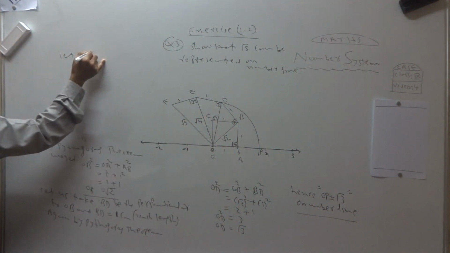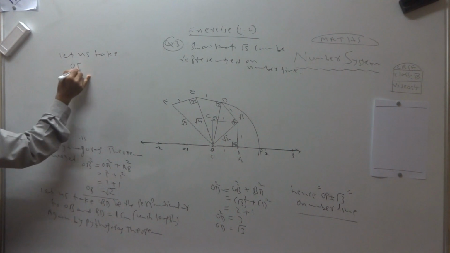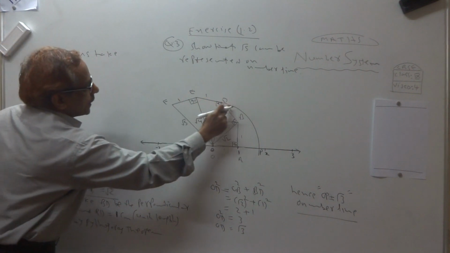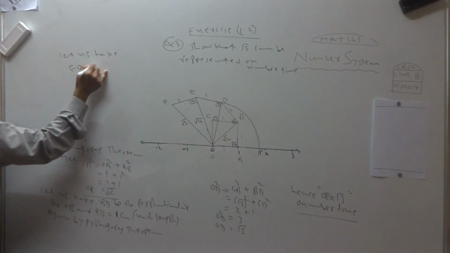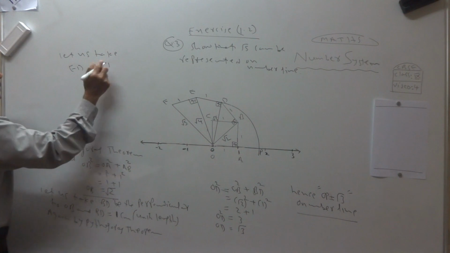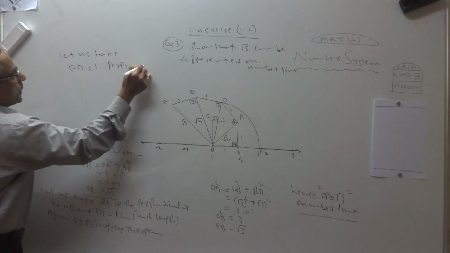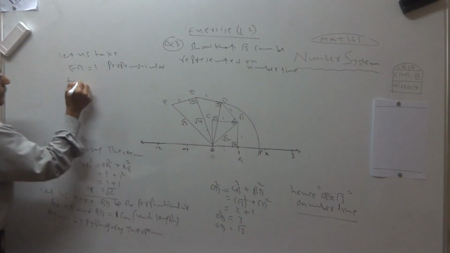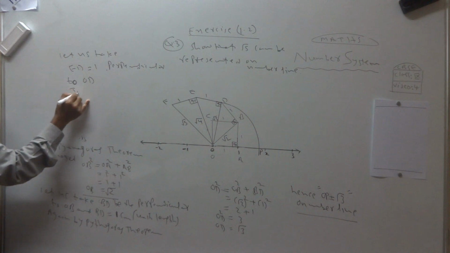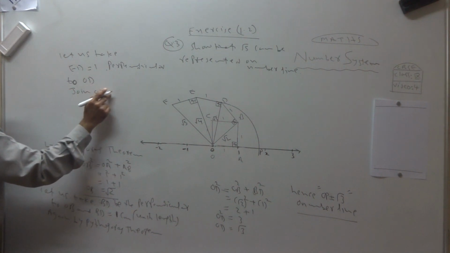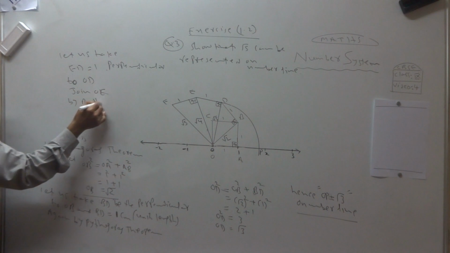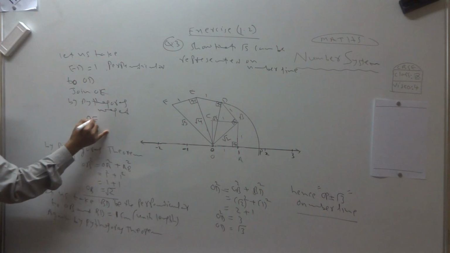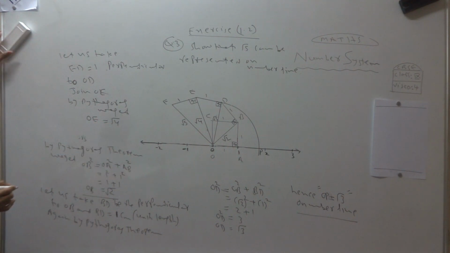Let us take ED equal to 1, perpendicular to OD. Join OE. Then by Pythagoras we get OE is root 4. Same way, root 4.